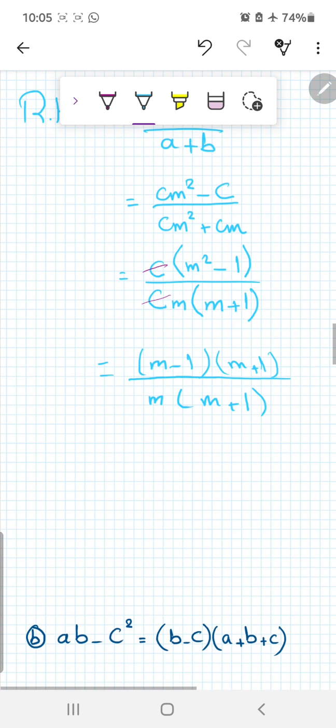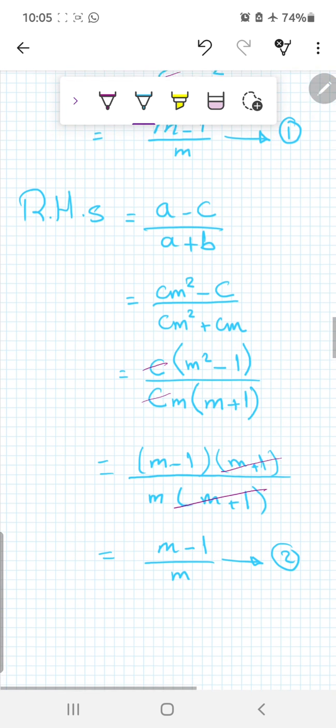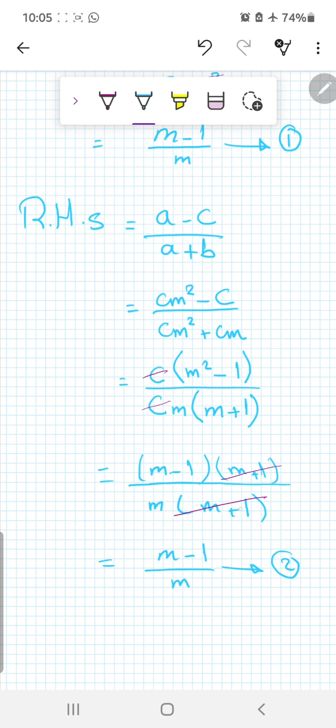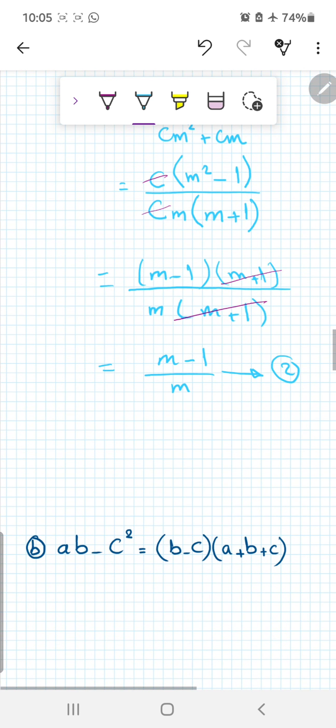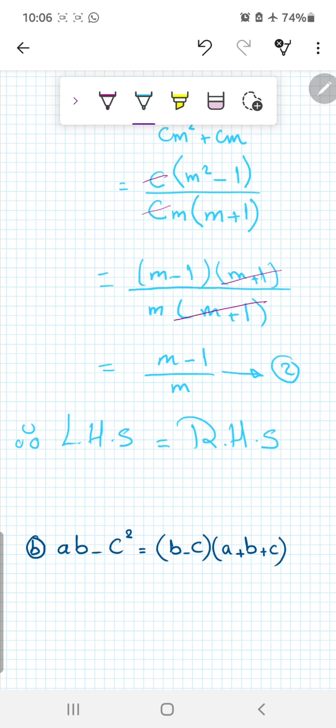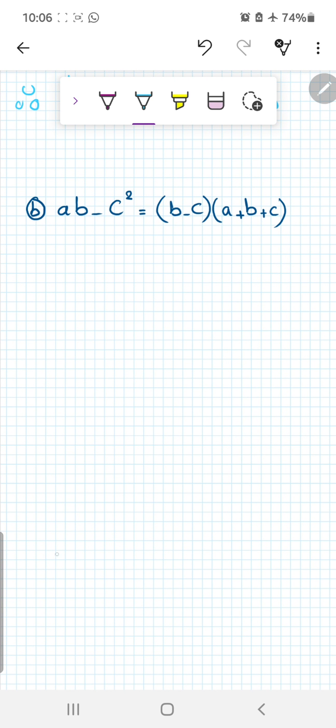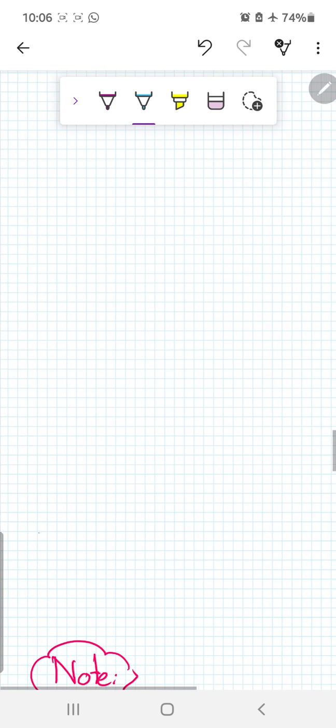Cancel M plus 1 with M plus 1. So the result will be M minus 1 over M, and let it be number 2. From 1 and 2 we have the left hand side equals the right hand side. Therefore the left hand side equals the right hand side. Here is another example. Try it by yourself. It's a homework. Okay, we have another example.